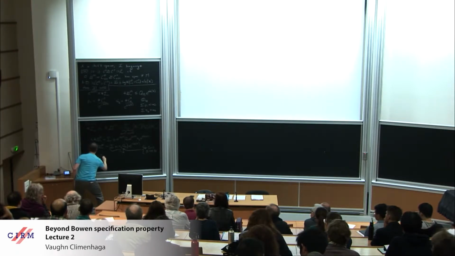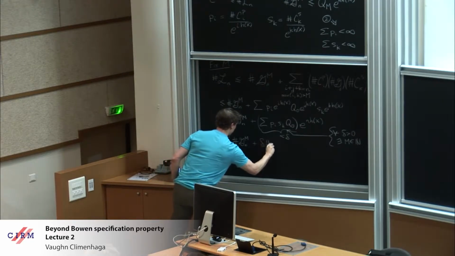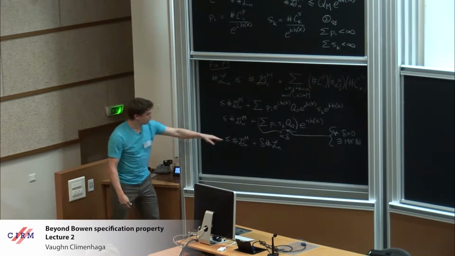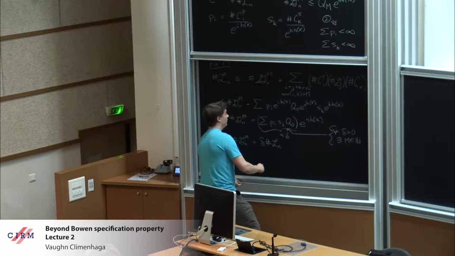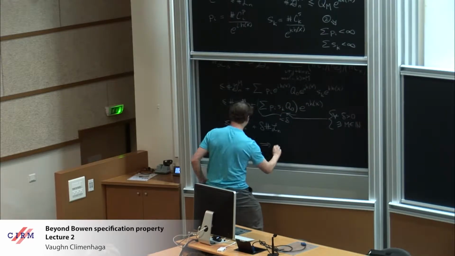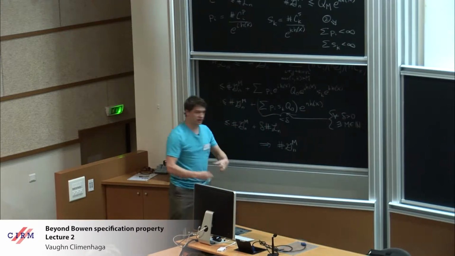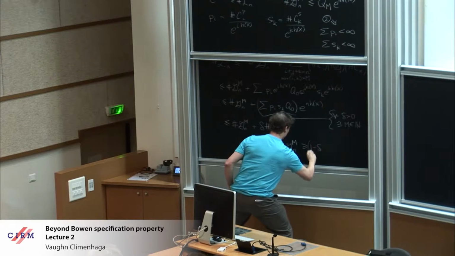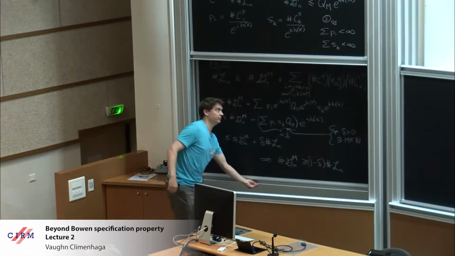And I conclude that this bound admits this form. And now if I move the delta term to the left-hand side, I obtain the following conclusion, that the number of words of length n which are in GM is at least 1 minus delta of all of the words of length n.